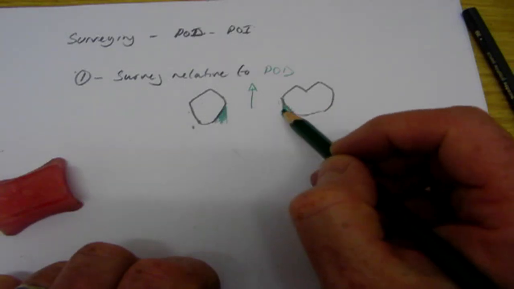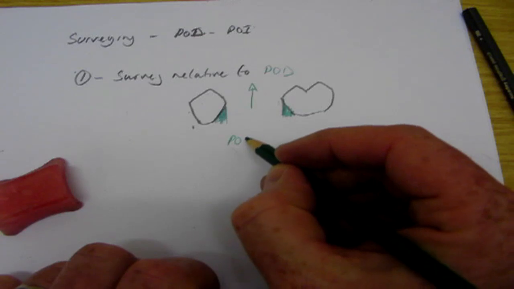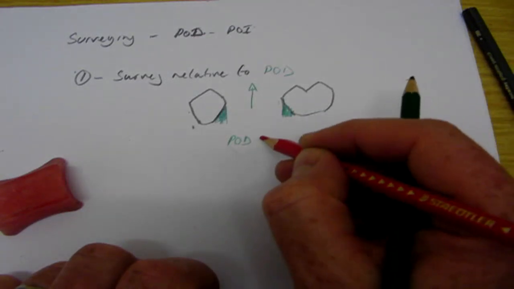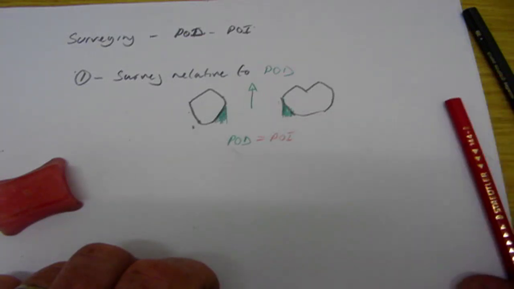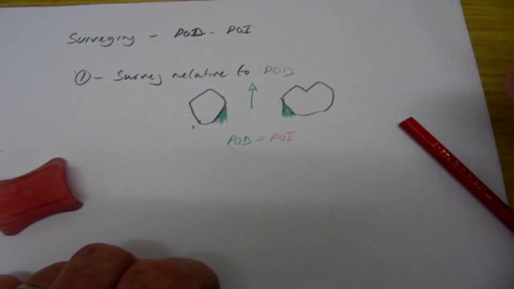So if we block both out, we have a path of displacement which equals the path of insertion, or we can be smart and decide to utilise some of that undercut.